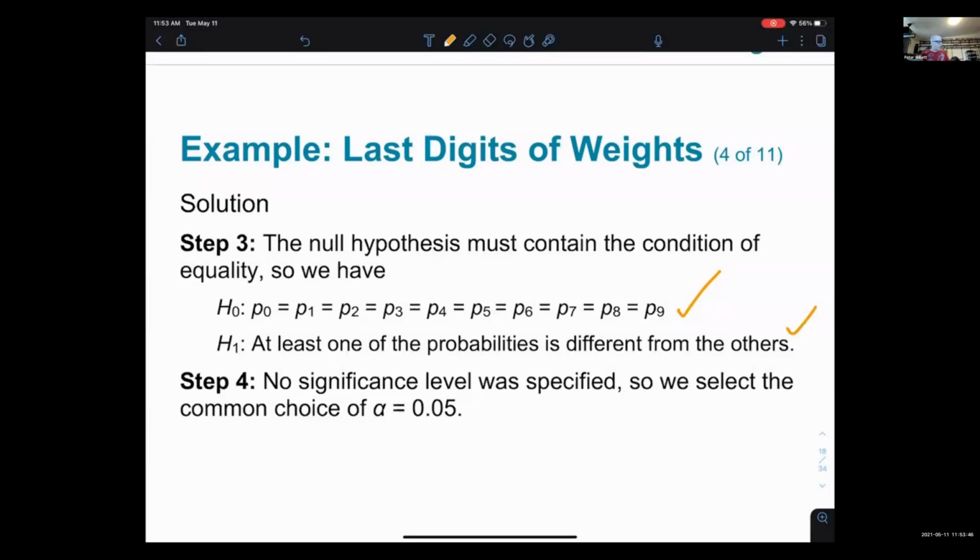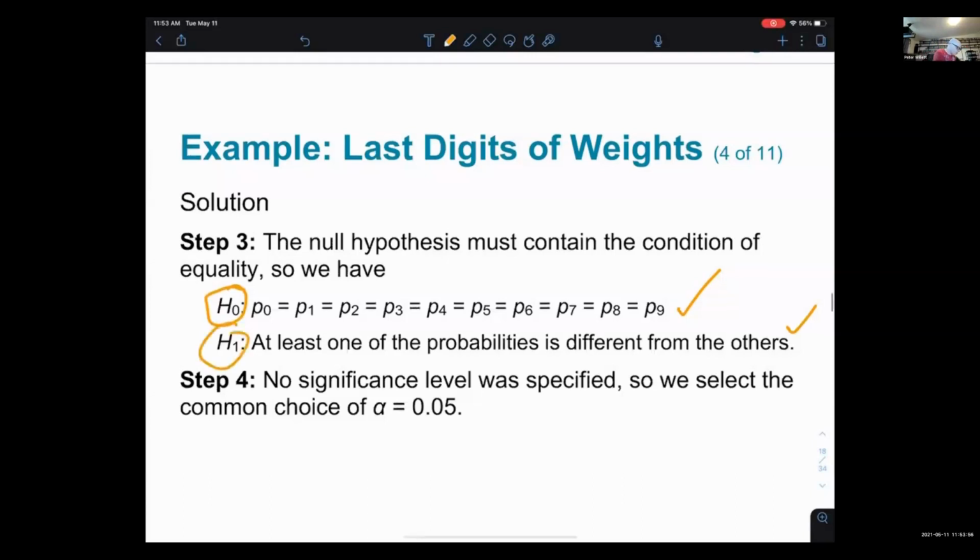Either way, whether you expect them all to be the same or you're going to specify what you expect each one to be, the null hypothesis will always be that it's equal to what you expected. And the alternative will always be that at least one is not equal to what you expected. Just has to be one to ruin it for the rest. It's that weighted one on the 6-sided die that makes it not a fair die. It points out no significance level was specified, so they'll select the most common choice of 5% to run our test.